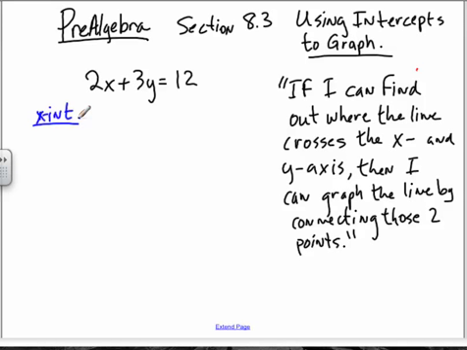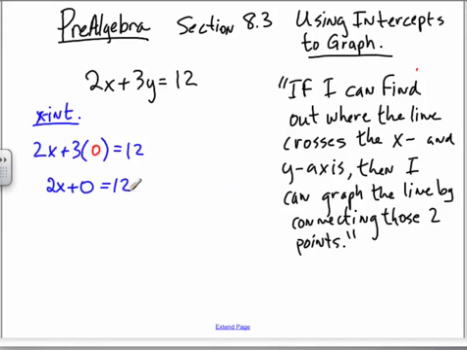Remember, if we want to find the x-intercept, we make the y 0. So 2x plus 3 times, I'll put a 0 in there, in red. You can see I plugged in 0 for y to find the x-intercept, and I get 2x plus 0 is equal to 12.